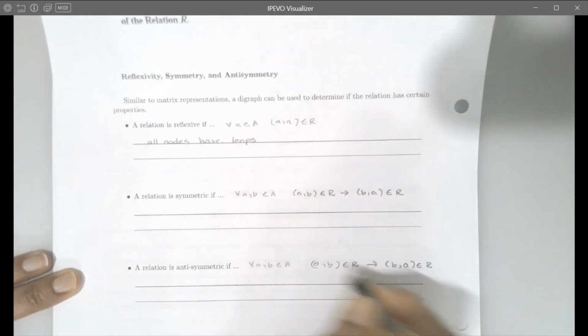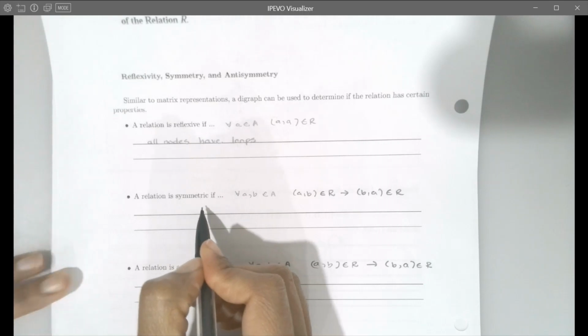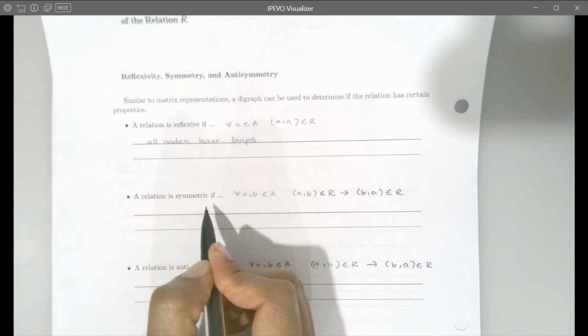Okay. So, what would that look like then on the digraph?